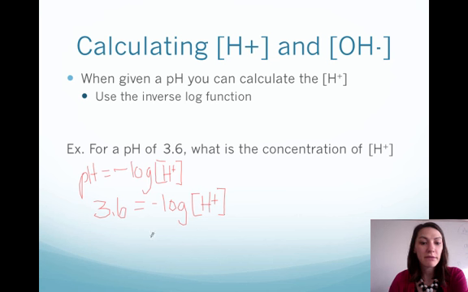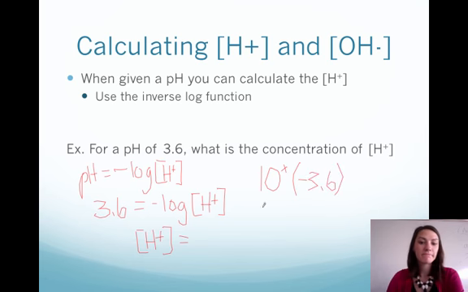All right, so now I'm going to put this into my calculator. So my concentration of H plus is going to be, I'm going to type in 10 to the x, get that second log button in there, and then I'm going to have to put in negative 3.6. All right, so let's put that in our calculator.